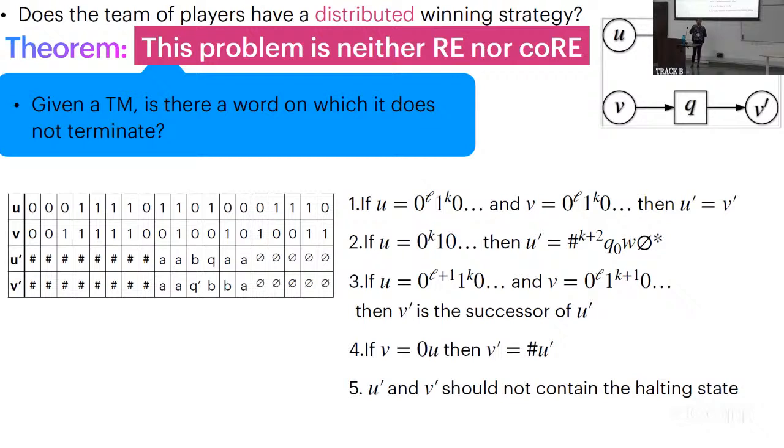Suppose it has some other strategy, it produces something arbitrary on seeing 0 power K, 1 power L. The environment could have possibly given just 0 power L, K minus 1 on the other thing, and that is now going to violate condition 3.